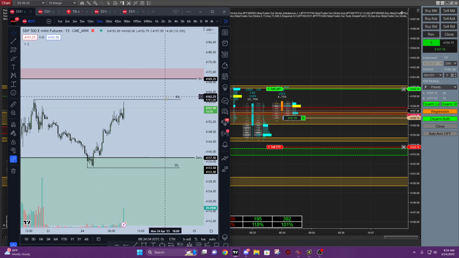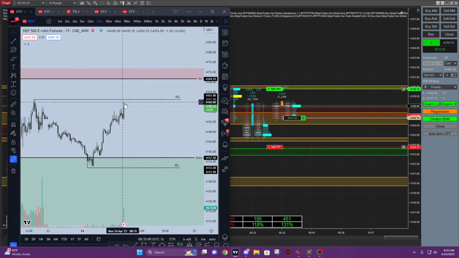Maybe touch the supply, look for a short trade. So it could be good to put it in regression long above this area or trend short. And down here, if we break below sell side liquidity in this demand, then it would be good to maybe regression short or trend long, because we'd be suspecting to go up.